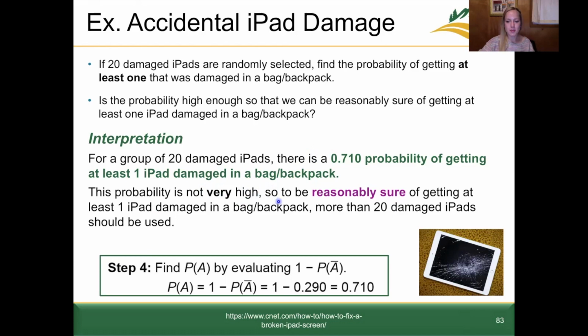So to be reasonably sure of getting at least one iPad damaged in a bag or a backpack out of those selected 20, well, we need to select more than just 20.